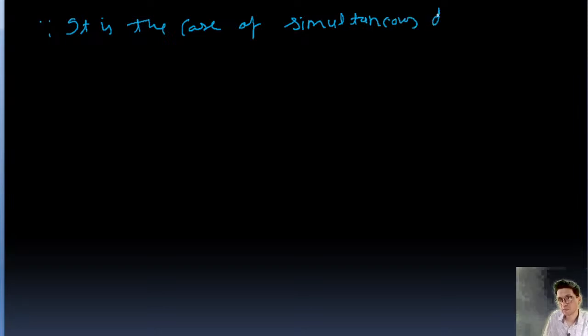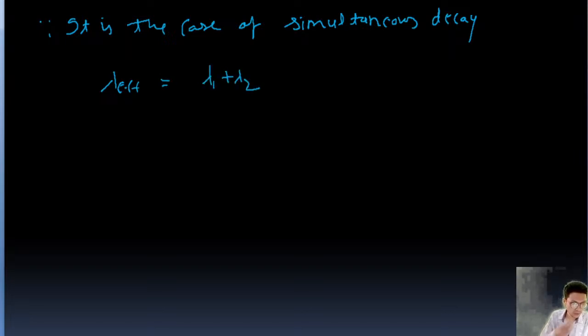It is the case of simultaneous decay. So it means lambda effective will be lambda 1 plus lambda 2.